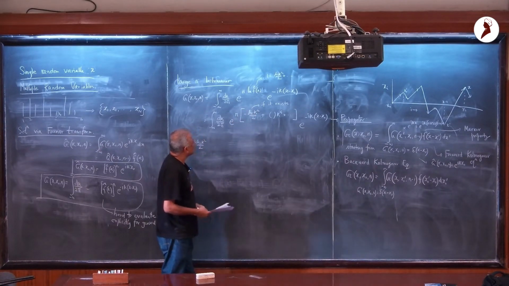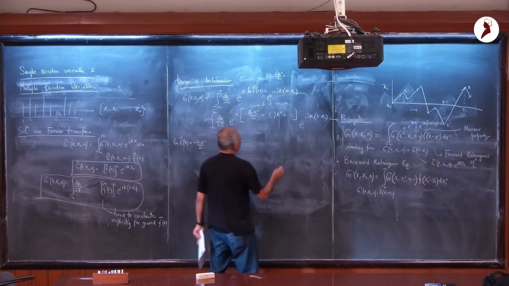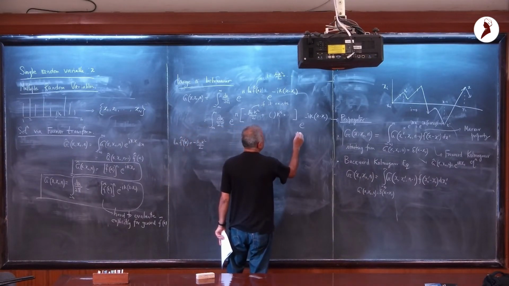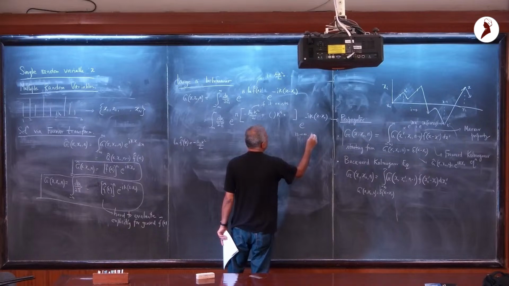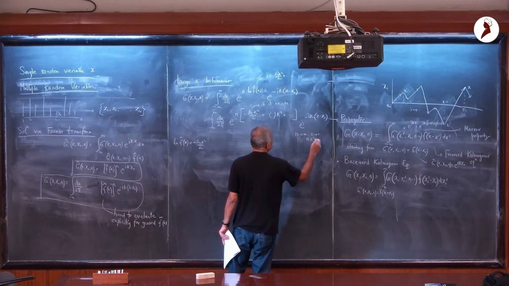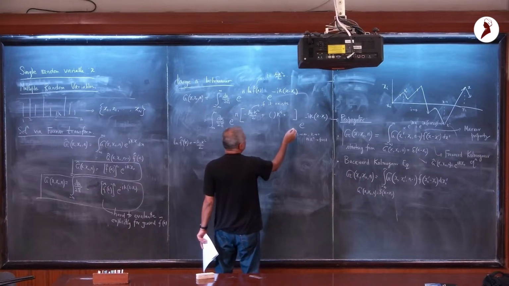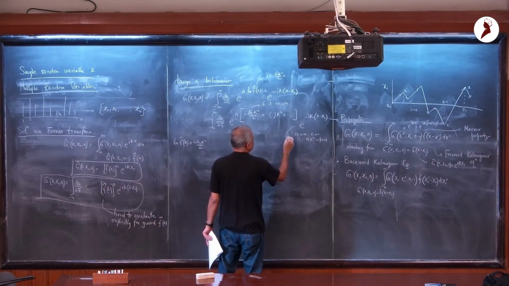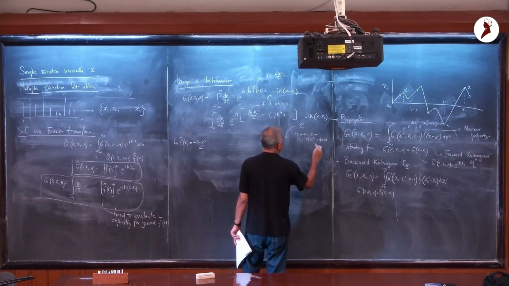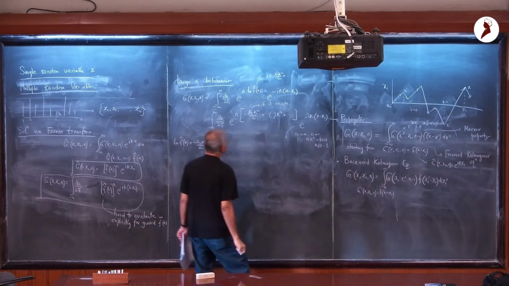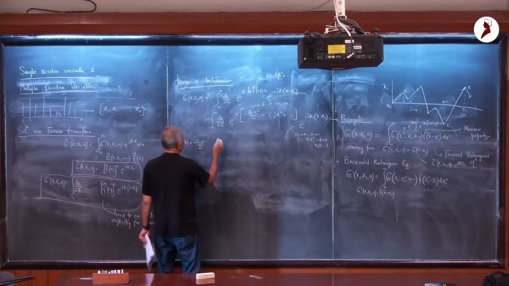So the correct scaling is that n goes to infinity, but k goes to 0 such that n k square is fixed. How do I achieve that? Operationally, you call k root n as q, a change of variable.